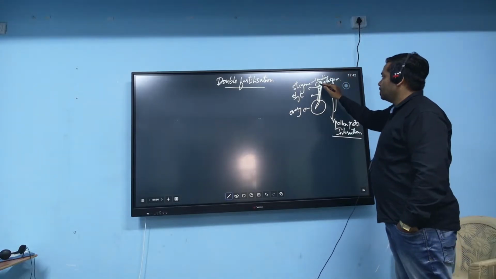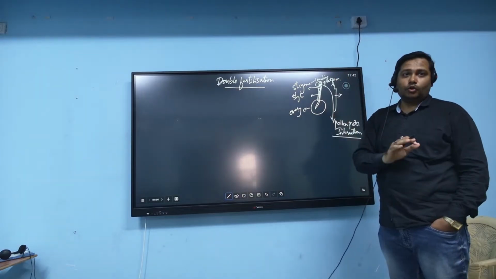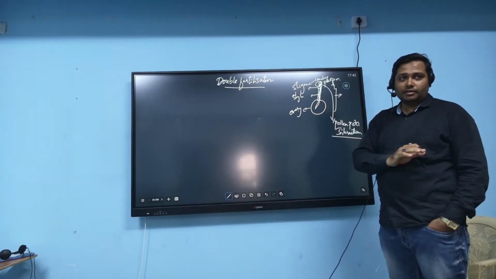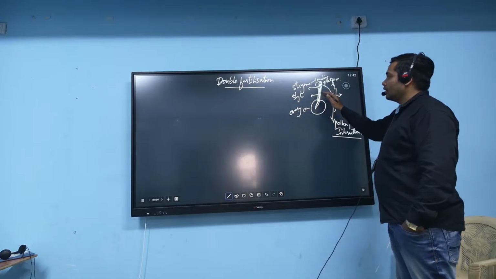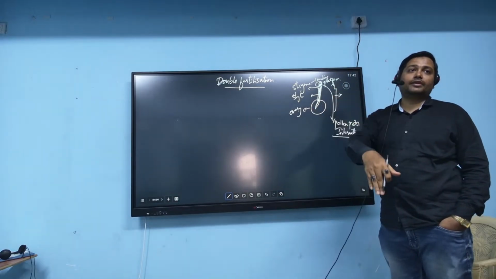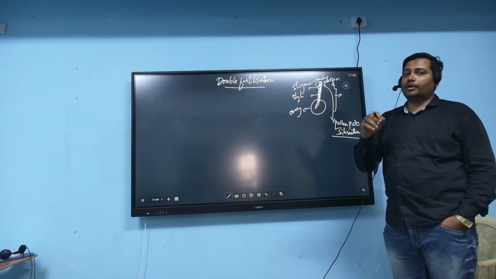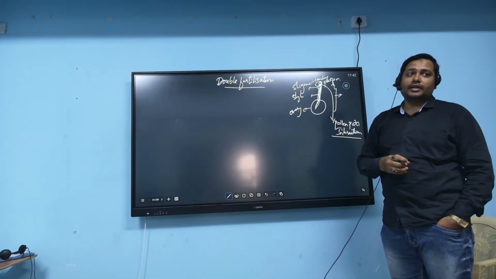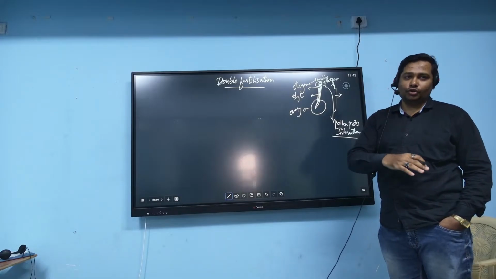The tube which is growing from the pollen, we call it the pollen tube, will enter the style, crossing the tissues of the style, then reach the ovary. Inside the ovary, the ovarian cavity. Inside the ovarian cavity, the placenta. Inside the placenta, the ovule.